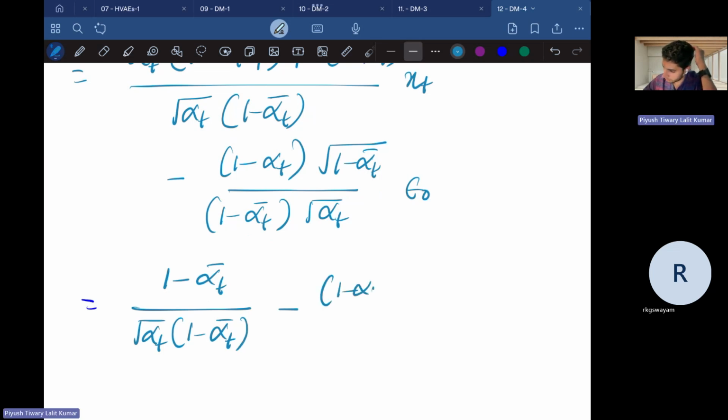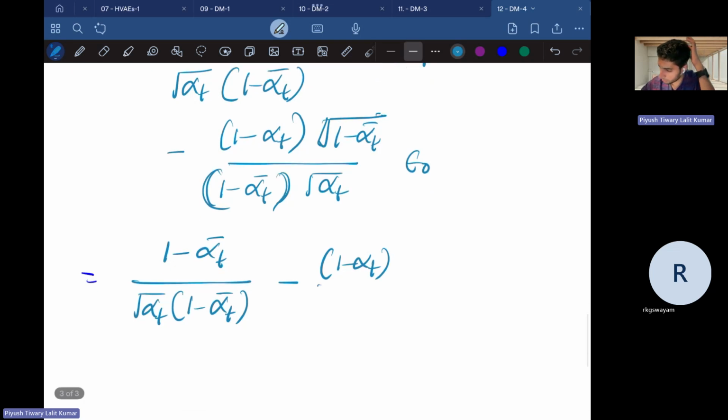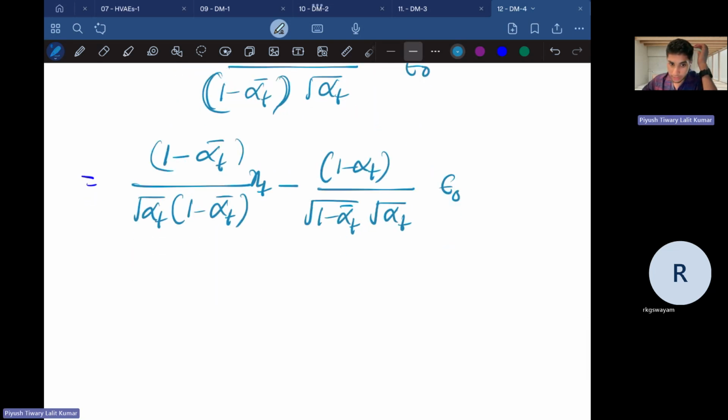Minus 1 minus alpha t. There is a square root of 1 minus alpha t bar here and 1 minus alpha t bar in the denominator. That will make it square root of 1 minus alpha t bar, square root of alpha t, epsilon naught. And this is xt here. This thing again will get cancelled out.